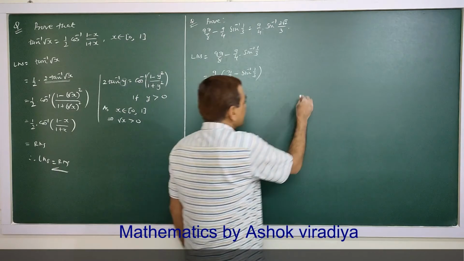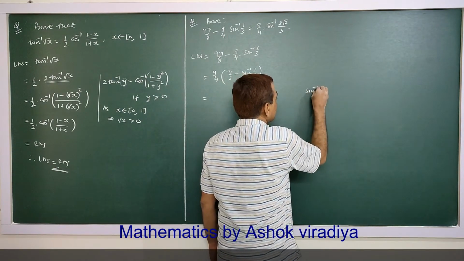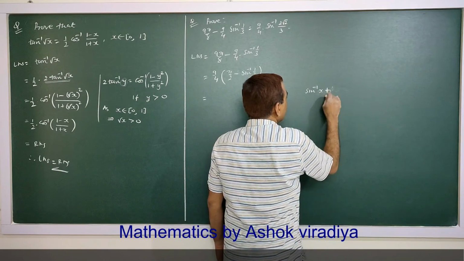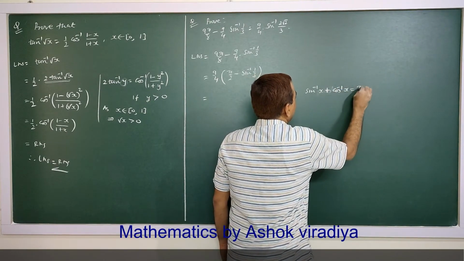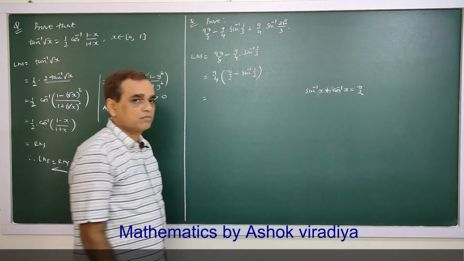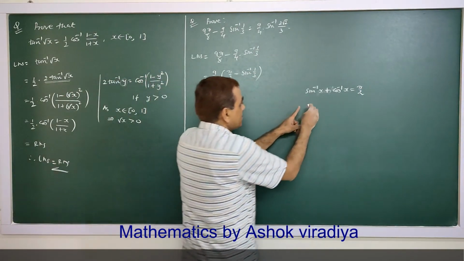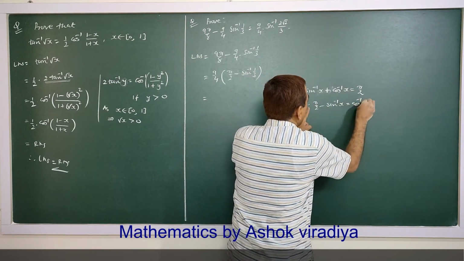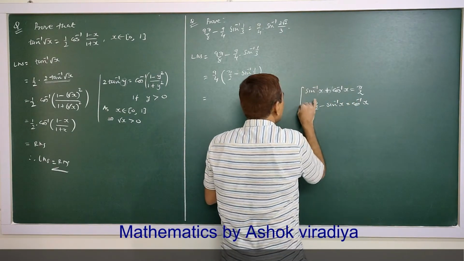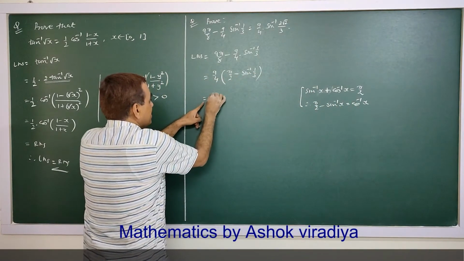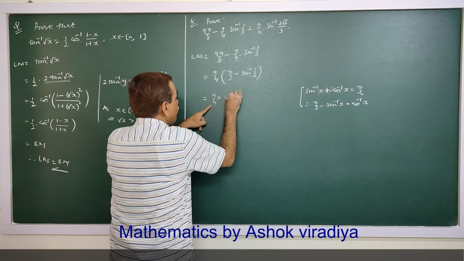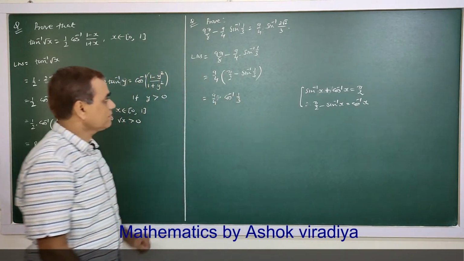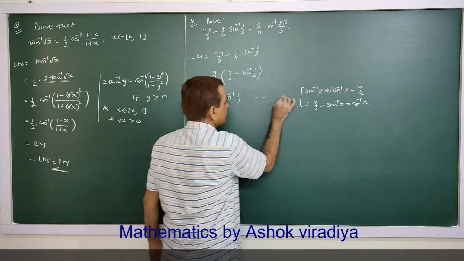Now we know that sine inverse x plus cos inverse x is equal to pi by 2. Therefore pi by 2 minus sine inverse x is cos inverse x. So using this result, pi by 2 minus sine inverse x is cos inverse x. This result is proved.